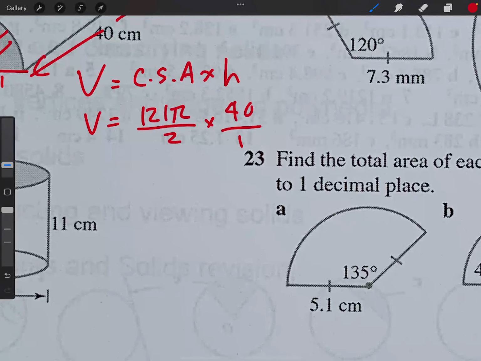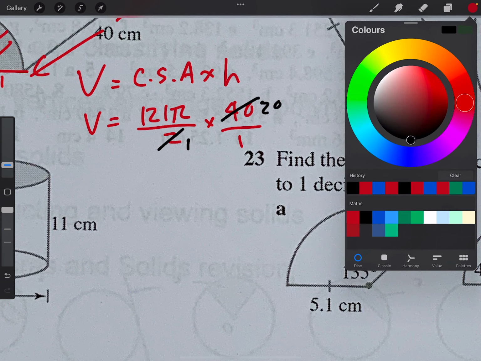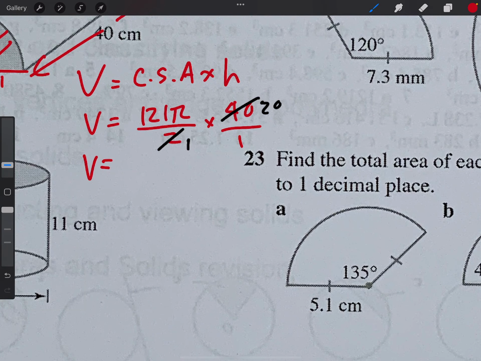Now I can simplify this. I can cross this out, this will be 1, this will be 20. So really the volume is going to be equal to 121 pi times 20.